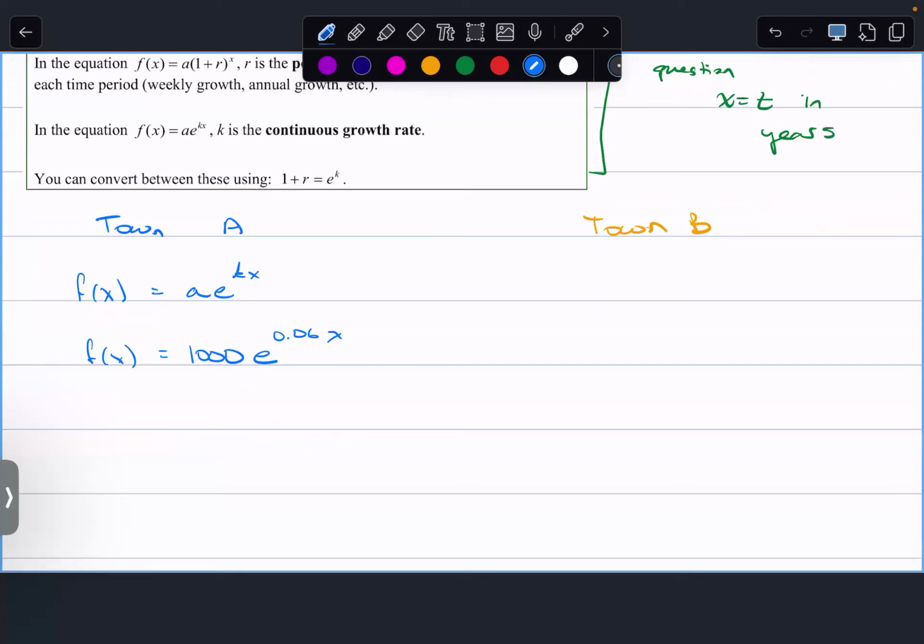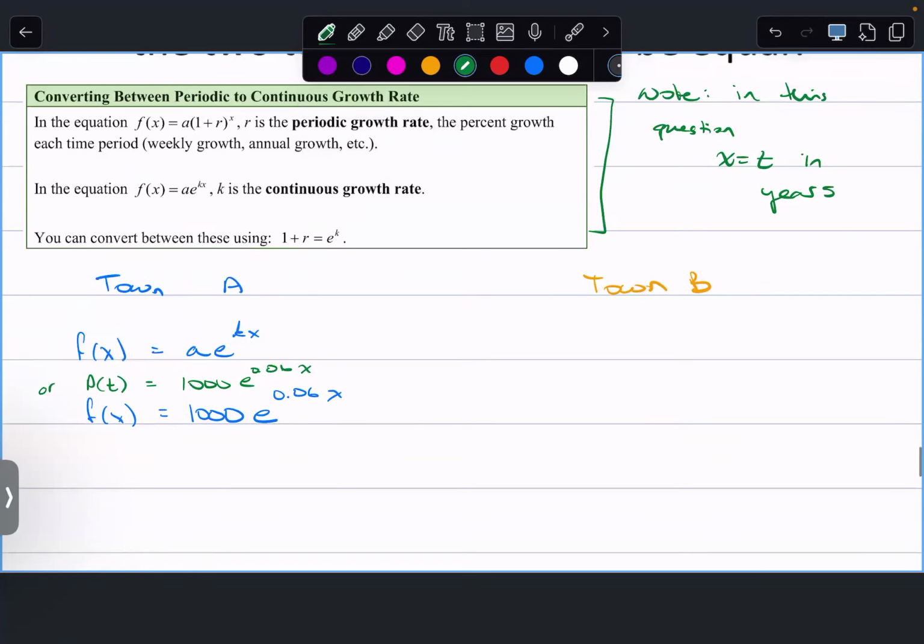I'll just write those briefly above here. So P of t is 1,000 times e to the 0.06 x. I'm going to keep the blue version because it matches what you'll have on your formula sheet. How about town B? Oops, wrong color.